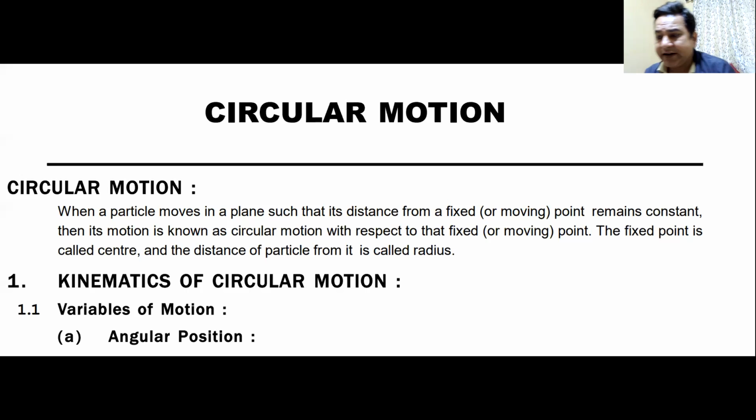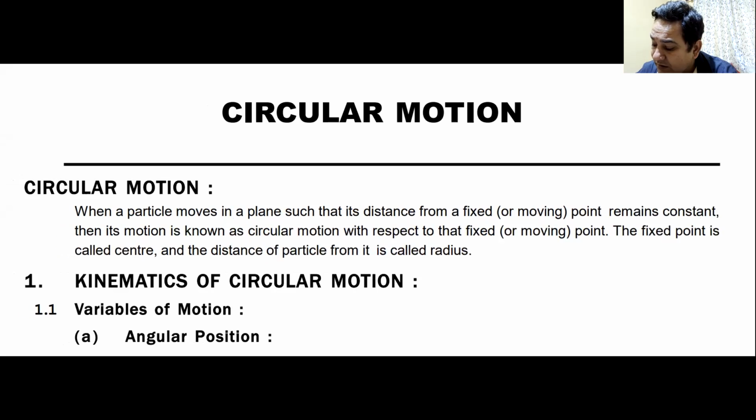And if you could recollect, we had discussed what is circular motion. If a particle is moving in a circular path, what is a circular path or what is a circle? A circle is the locus of all points. If a particle moves in such a way that its distance from a fixed point remains constant, that fixed point is known as the center of the circle.